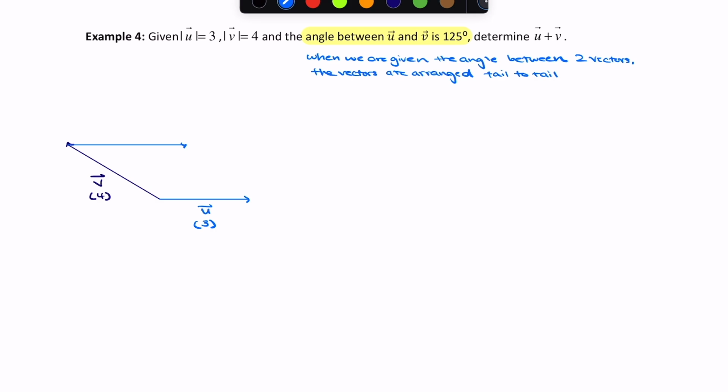And here, we're drawing vector u, which is the length 3. And so we are looking for u plus v.